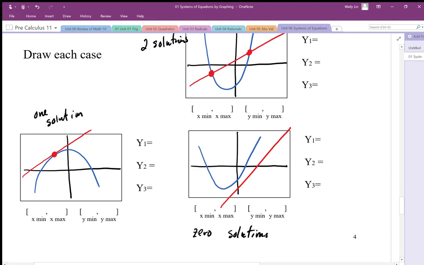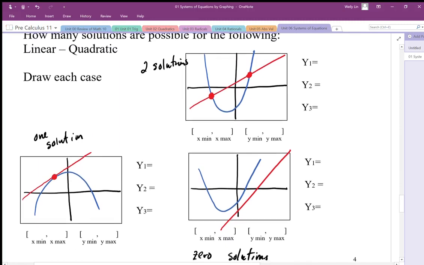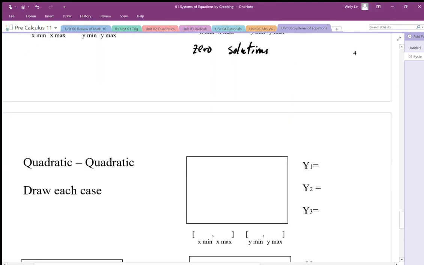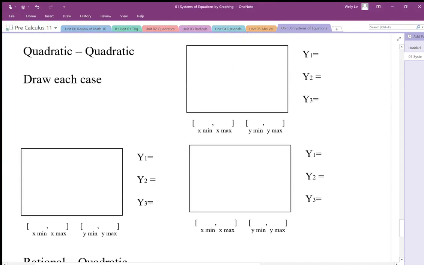Okay, so these are the three cases for a linear quadratic. What about a quadratic? Since it's quadratic, our highest degree is 2, so we probably can't have more than two solutions.